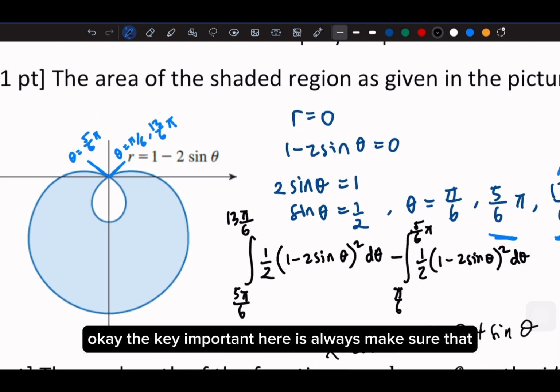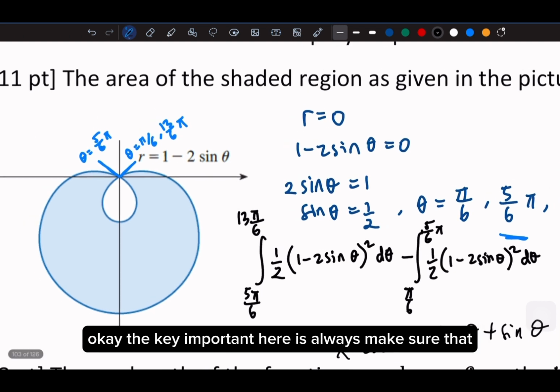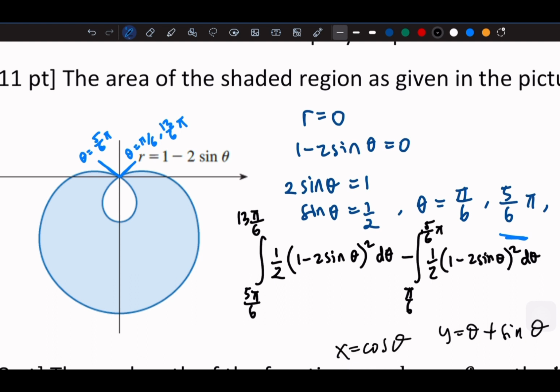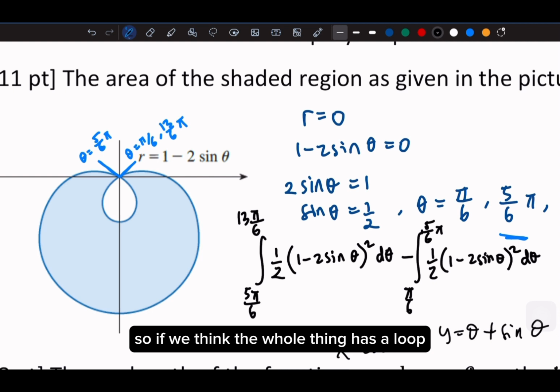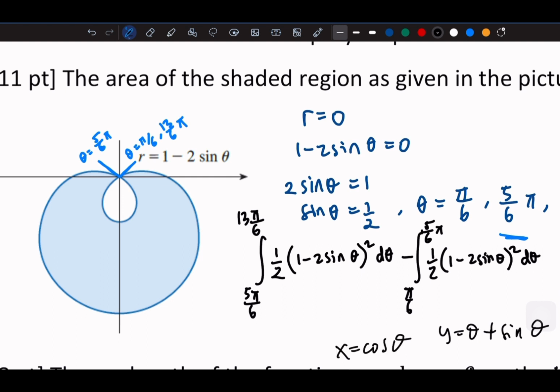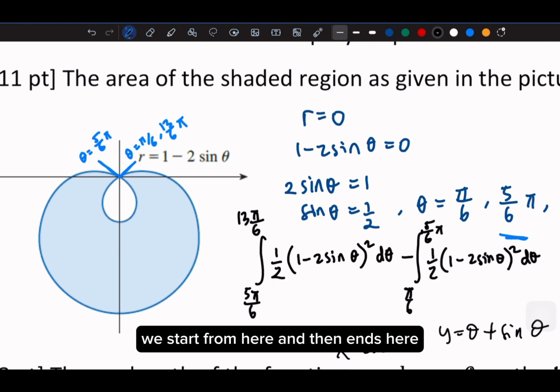The key important thing here is always make sure that you start from this polar axis. You start from here and like that. So if we take the whole thing as a loop, imagine that from the 13/6, from the 5 over 6 pi, we start from here and then end here, which means that is the first one.